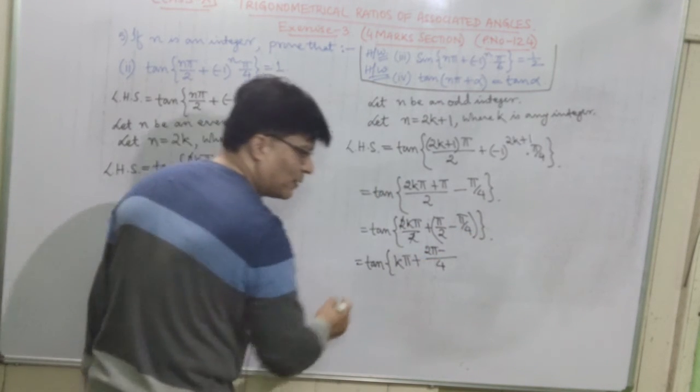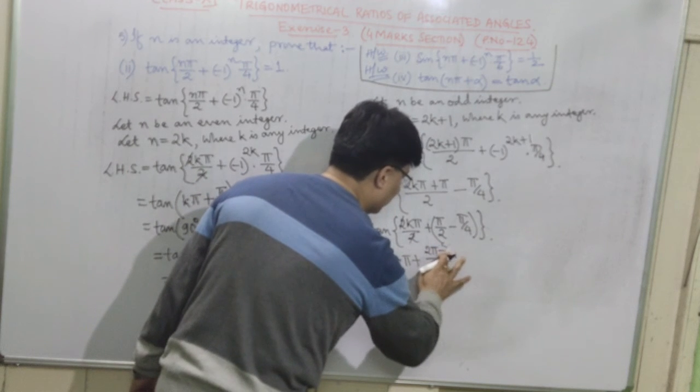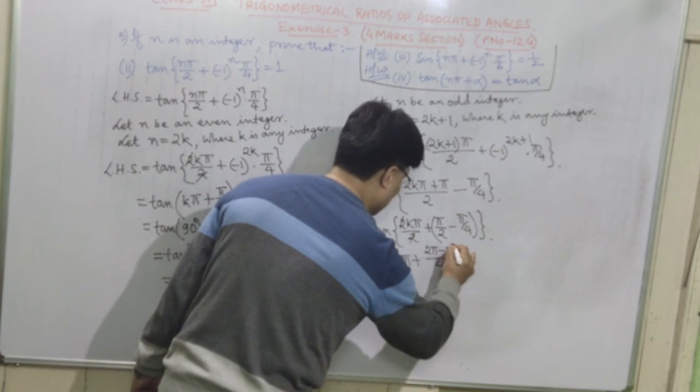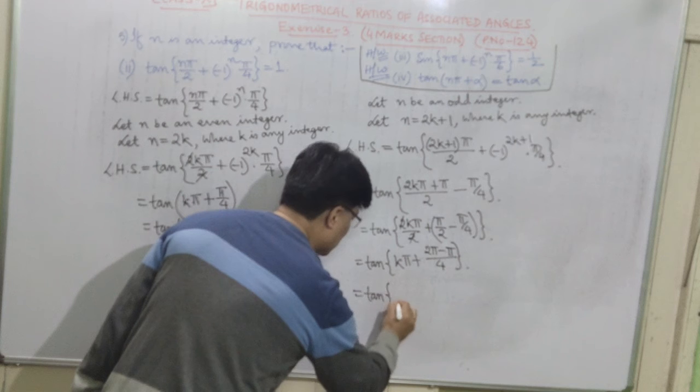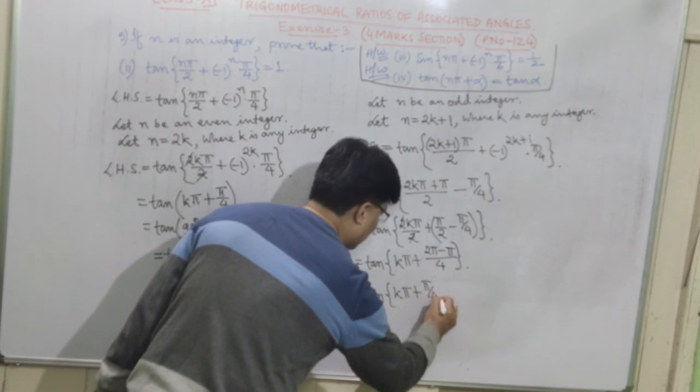Minus, now 4 divided by 4 is 1, 1 into pi is pi. So it is equal to tan, k pi plus pi by 4.